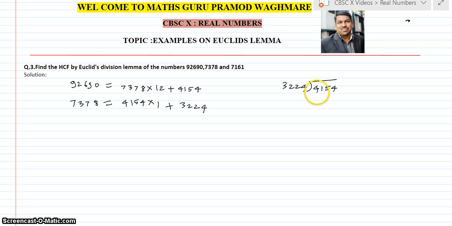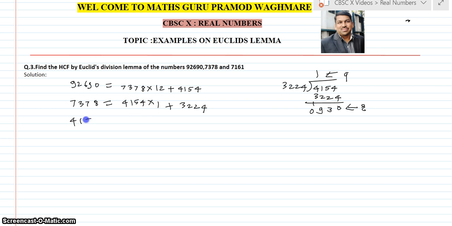So 3 twos are 6, it is not possible to multiply by 2. So 3 ones are 3224, and what is remaining here is 930. It is less than this, so it is the remainder. This is the quotient.